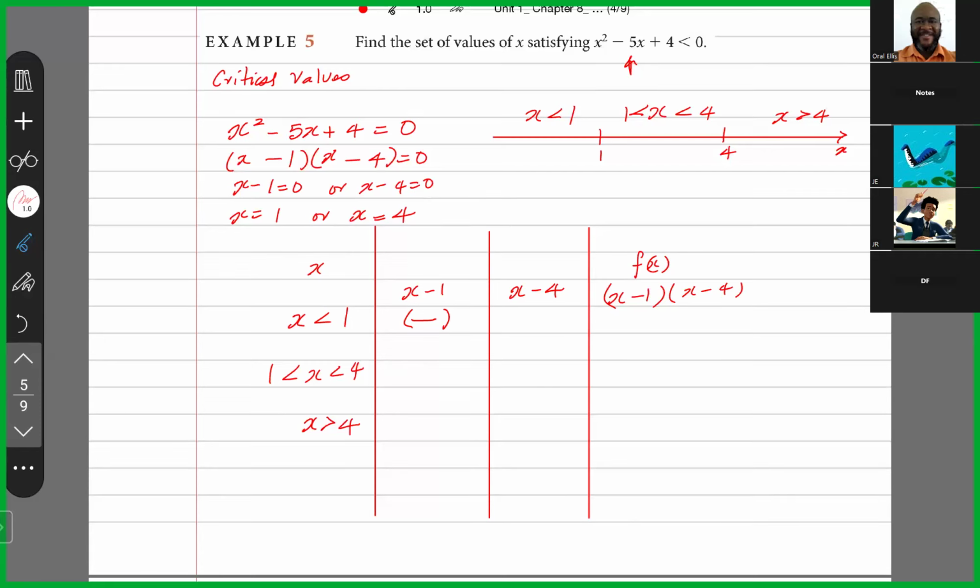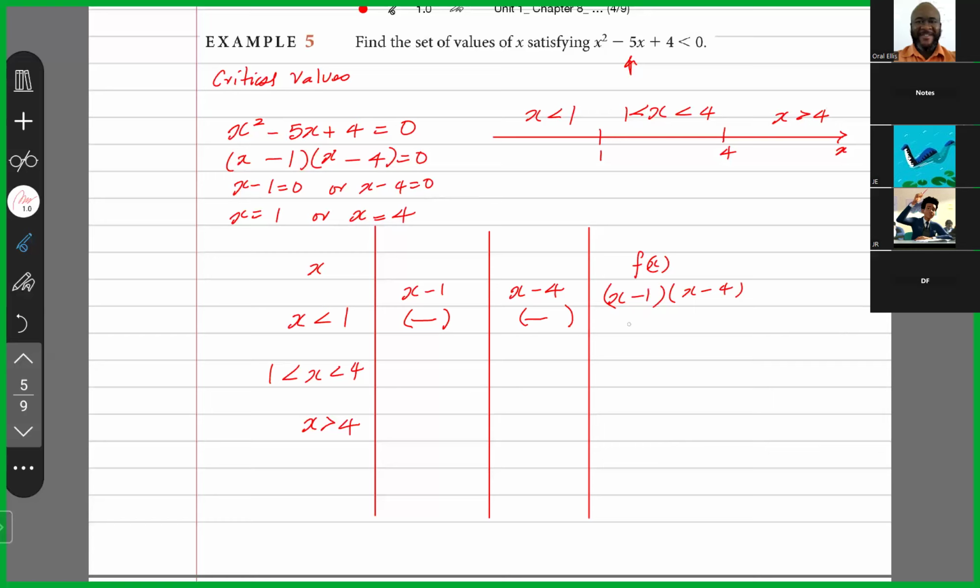So if x is less than 1, for example, if x is 0, x minus 1 would be negative. And x minus 4 would also be negative.